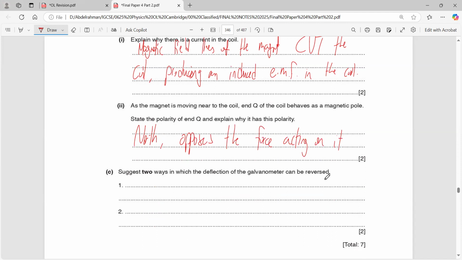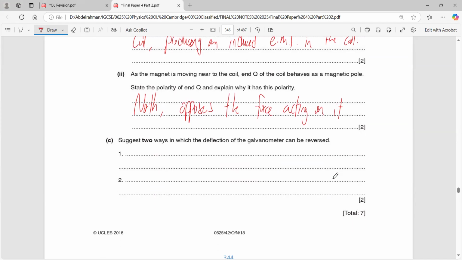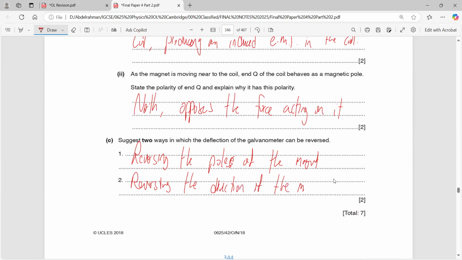How can I reverse the deflection of this galvanometer? For example, if it was deflecting to the left or to the right, how can I reverse it? By either reversing the poles of the magnet, or by reversing the direction of the motion.